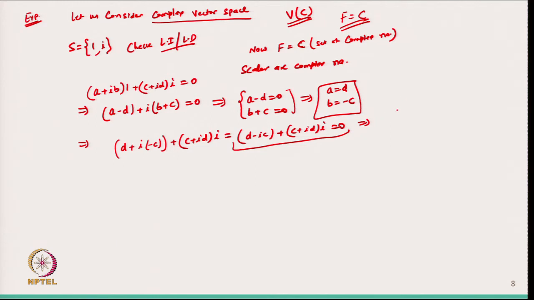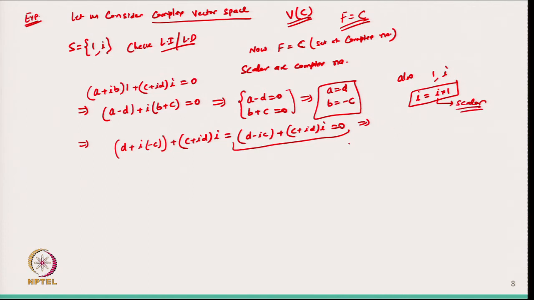And one more also, if I take the elements 1 and i, I know that i can be written as i times 1. So, one vector can be written as a scalar multiple of another vector. Another vector is 1 and this is my scalar. Okay.